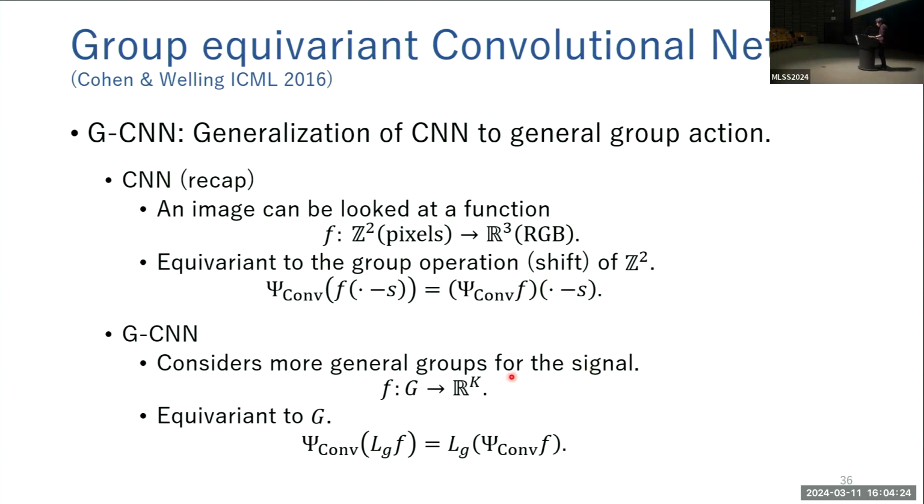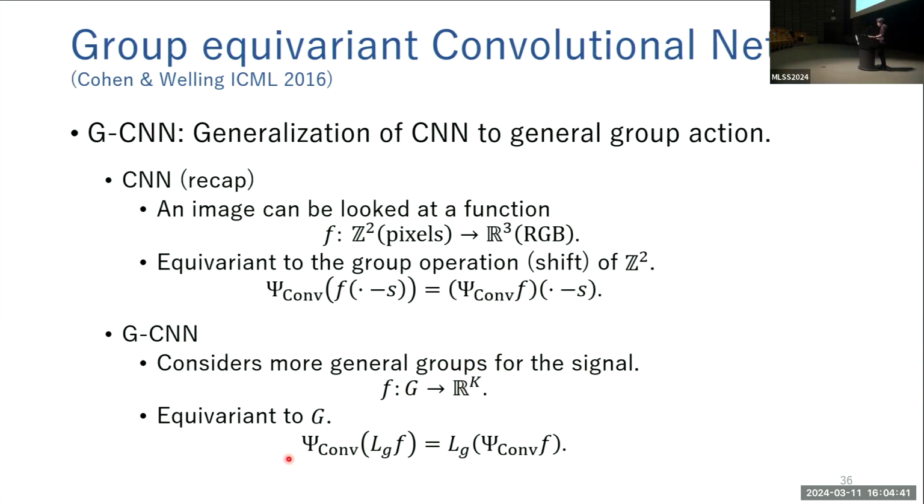And the group convolutional neural network considers a function from a group to some Euclidean space. This can be RGB, or any other dimensional channel, basically the channel.